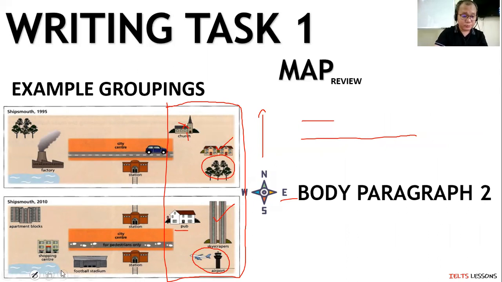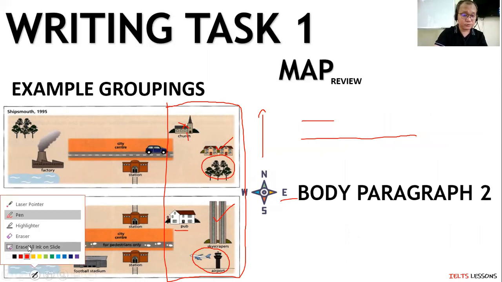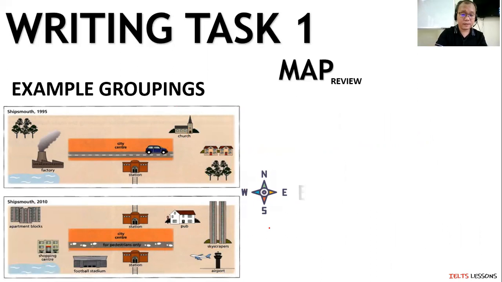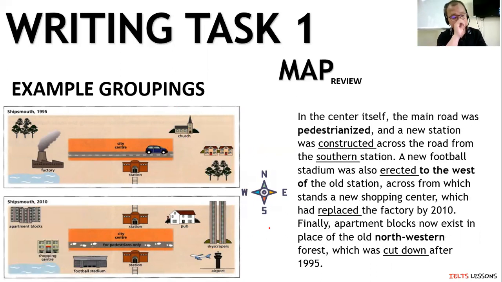Let's move on to body paragraph 2. Xiang, can you read body paragraph 2? In the center itself, the main road was pedestrianized and a new station was constructed across the road.